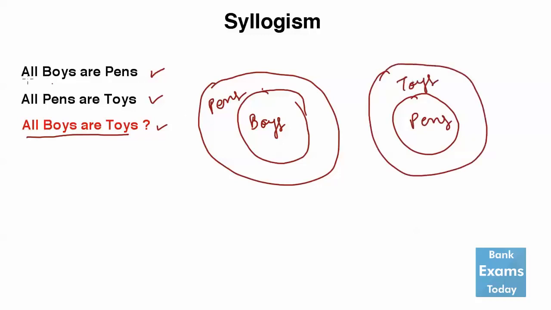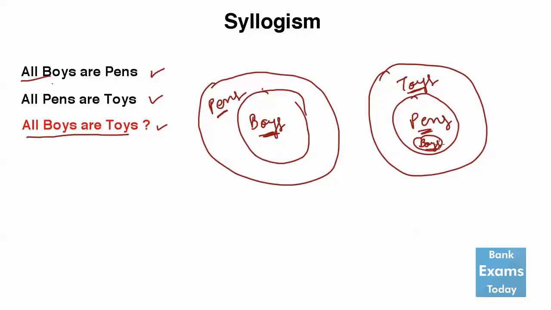So understand this. All the boys are pens. All the boys are the part of the bigger circle, that is pens, and all the pens are part of the bigger circle, toys. So we can combine this. So boys is here, the part is a smaller circle inside the pens. So it's like this.